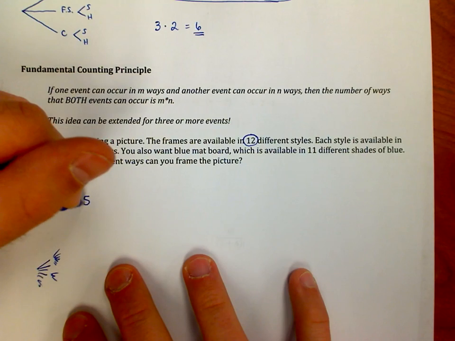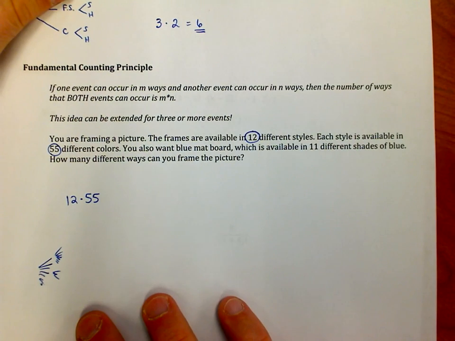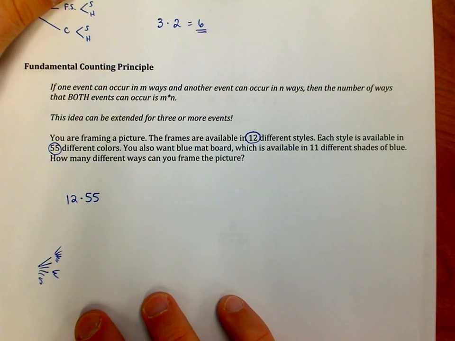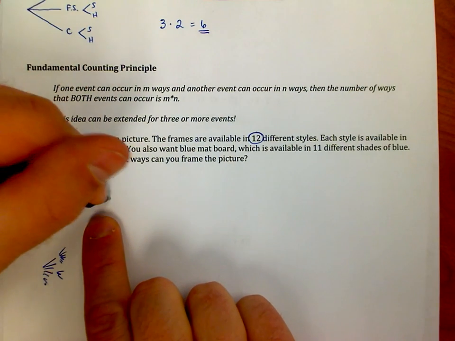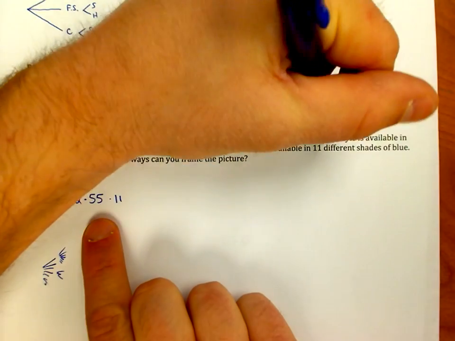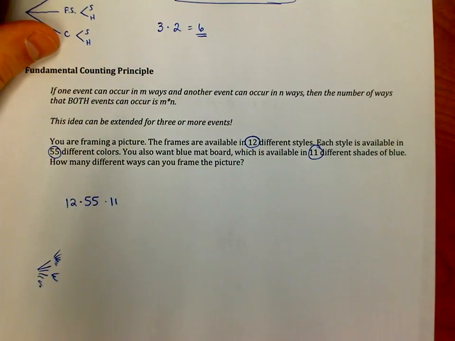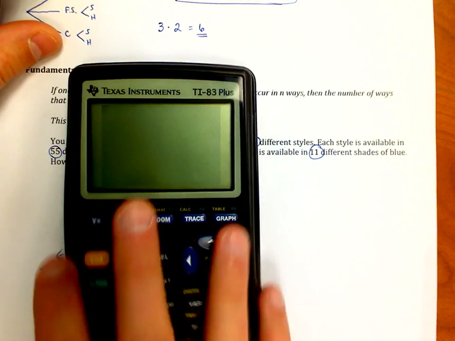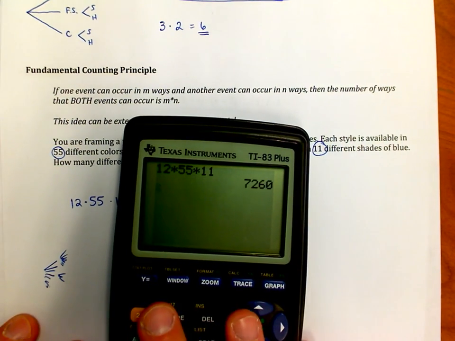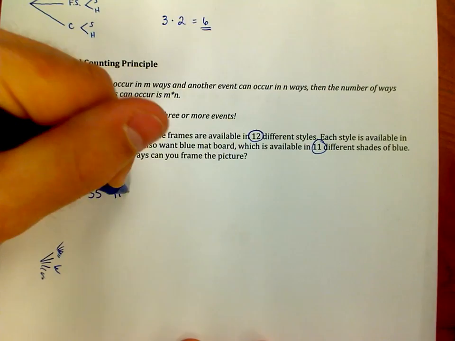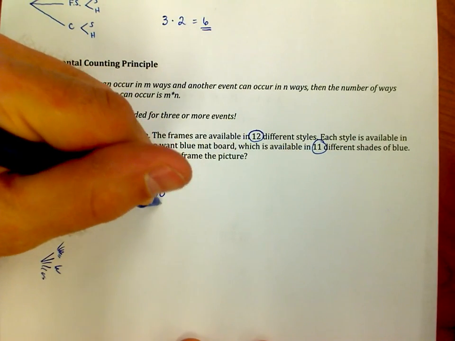I don't want to draw that, so I'm just going to multiply by 55. We also want a mat board, which is available in 11 different shades of blue. These 2 tell me how many different frames I have, and then I have 11 different shades of blue for the particular mat. If I take 12 times 55 times 11, that's an easier way than drawing the picture. I have 7,260 choices. You would have drawn a tree with 7,260 branches on it.